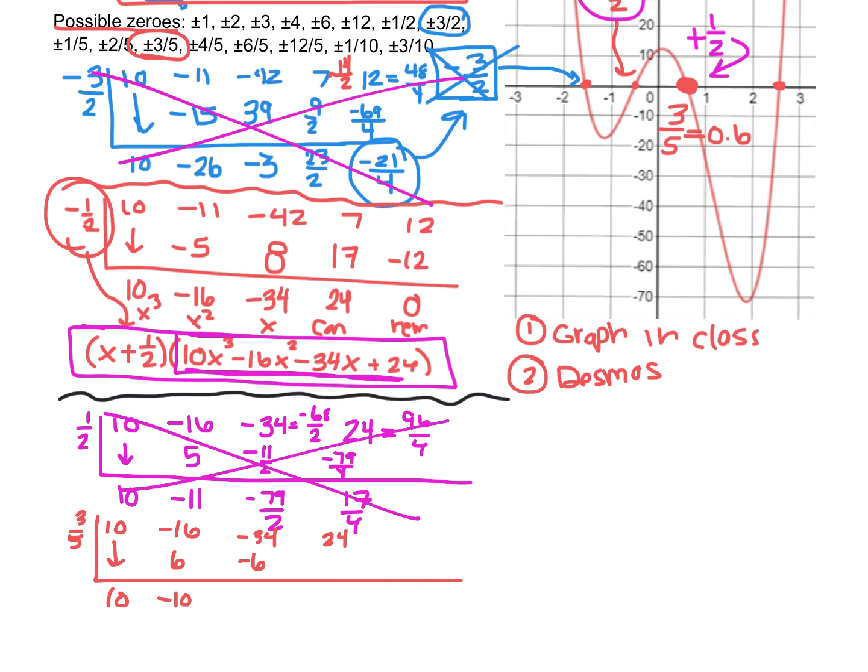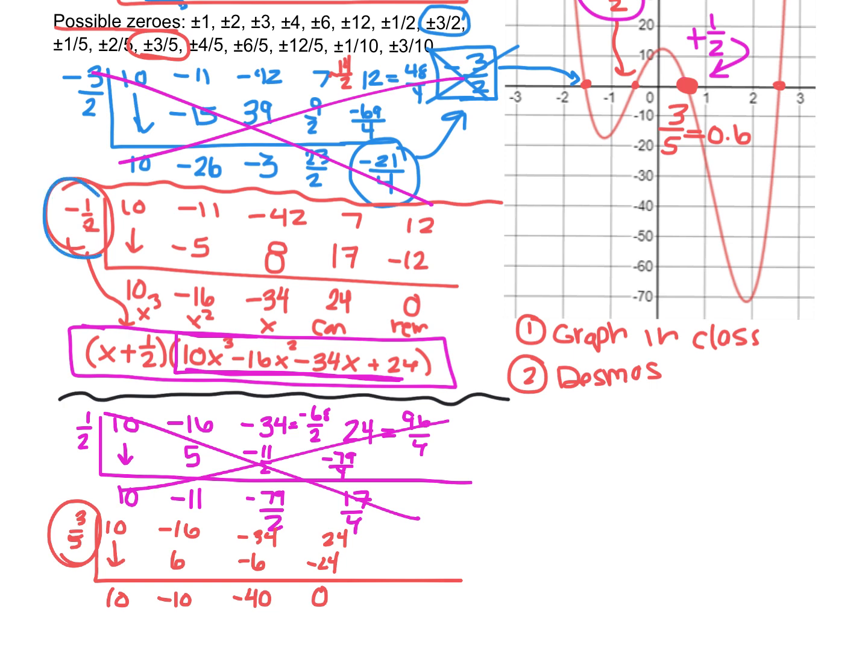We add straight down, so we end up here with negative 40. So we have negative 40 times 3/5, which becomes negative 120 over 5, which is a negative 24. And if we add straight down, that becomes 0. So what we find is that this 3/5 is in fact a factor, which is great. So we now have 2 factors.